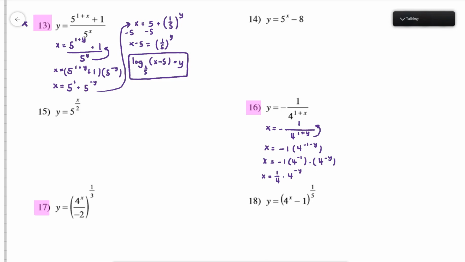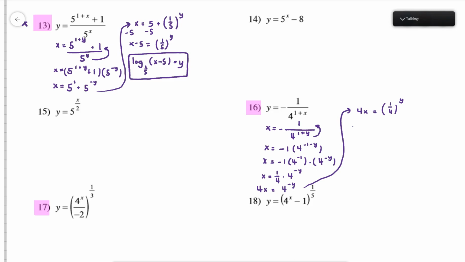I'm going to multiply by 4 so that we can get 4x is equal to 4 to the negative y. And then just like in 13, we're going to change 4 to the negative y to 1/4 to the y power.